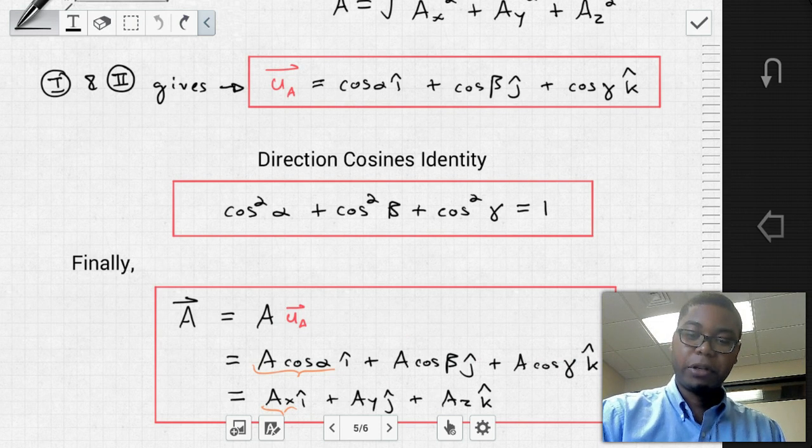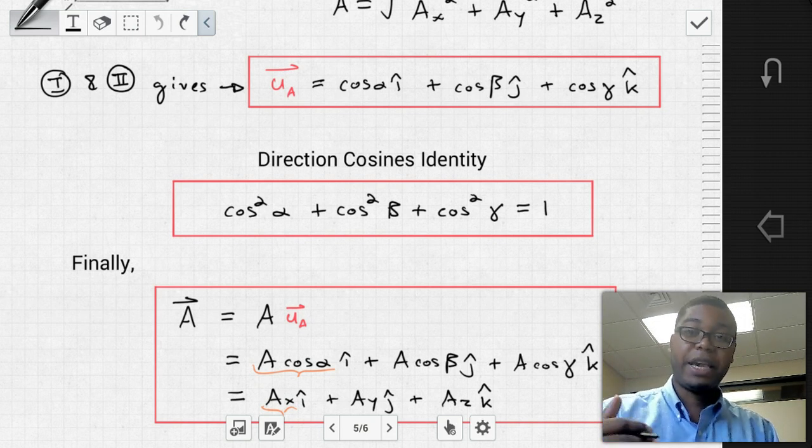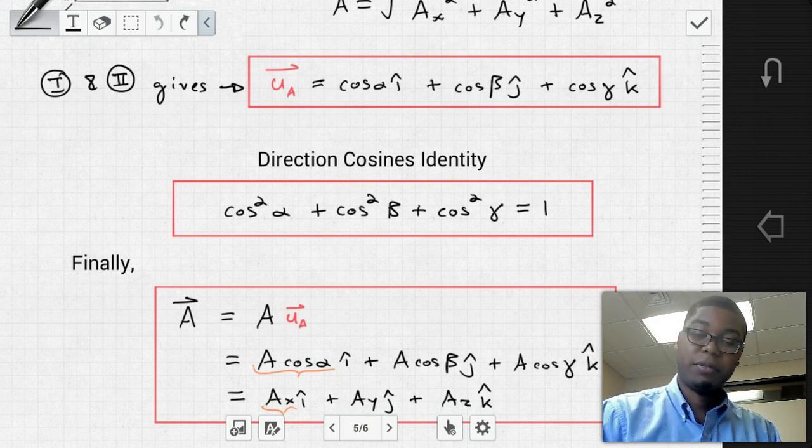Now, if we look closely at just A cosine alpha, we find that A cosine alpha is equal to the component Ax. So we can further simplify it to Ax i plus Ay j plus Az k.